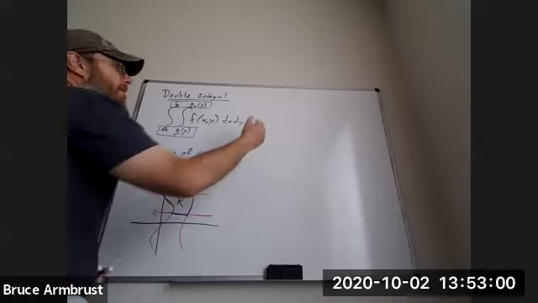So if you're ever presented with a region that looks like one of these two, you want to use one form or the other if possible, just because it's going to be easier. Now, obviously, we could have it such that all four sides are wavy or functions or something like that, and then we have to approach it differently. But in general, this is what's going on with those regions.